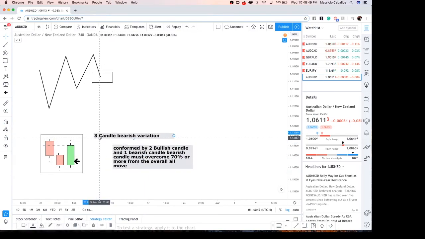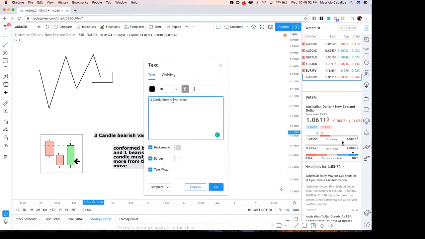And this would be our 3 candle bullish variation, conformed by 2 bearish candles and 1 bullish candle.